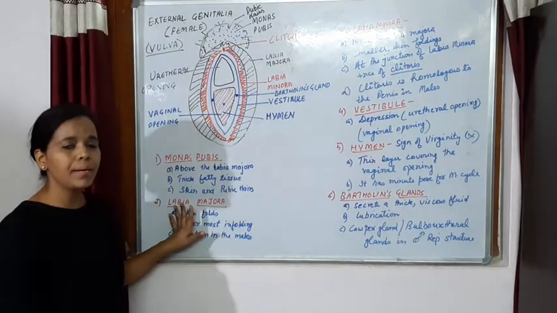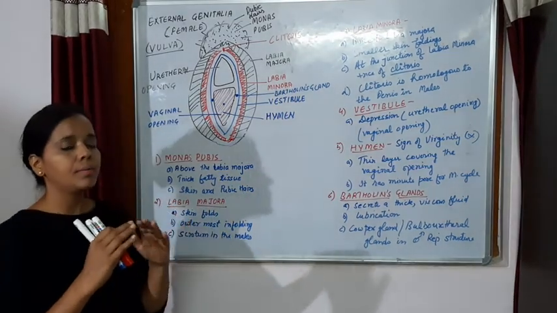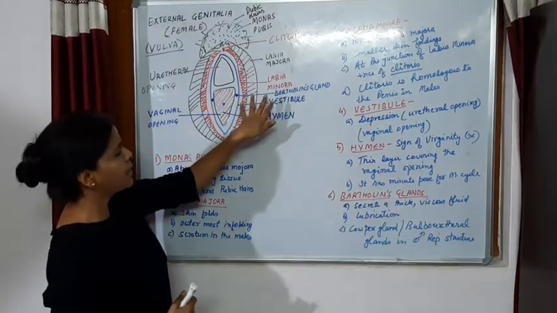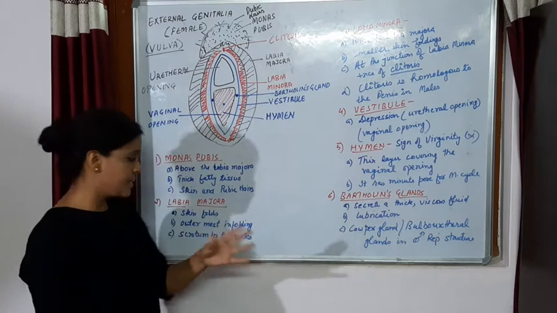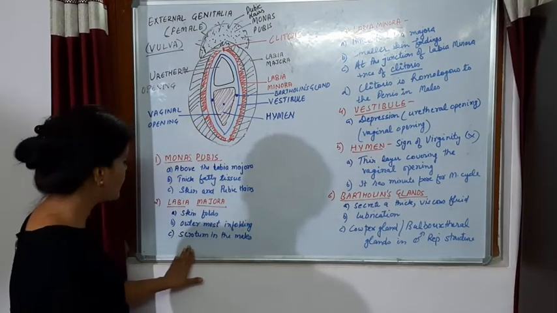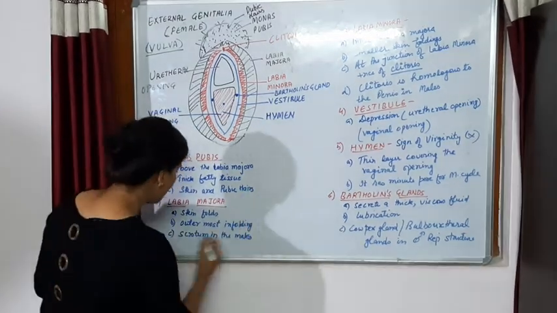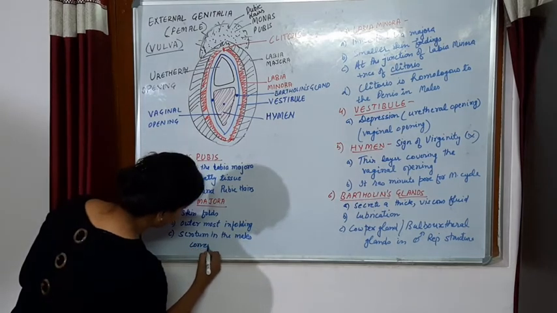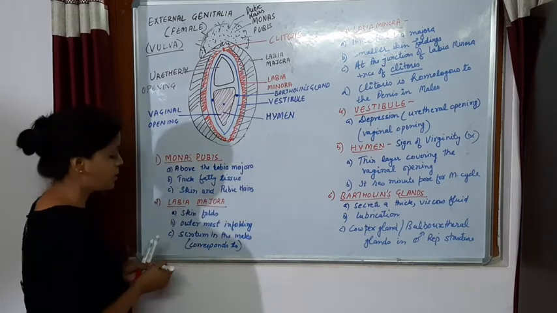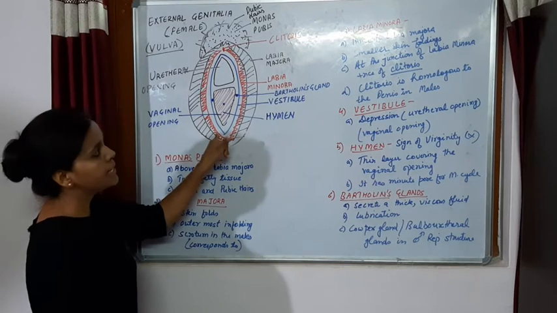Labia means lip-like skin folding, and majora, when we compare with the labia minora, is larger in size. This is the outermost infolding, and it corresponds to or is similar to the scrotum in males. Then the labia minora, this inner red part.